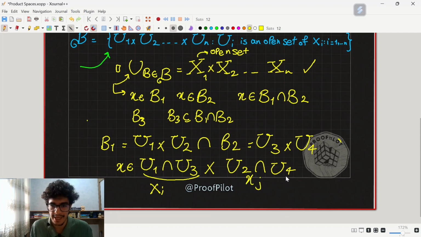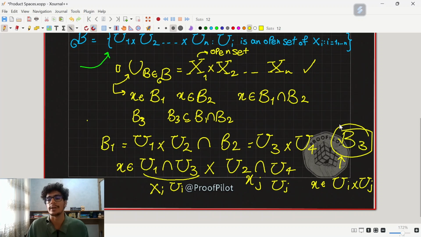So the intersection of two open sets should be an open set, and we just name them Ui and Uj, and then x is going to be a member of Ui intersected with Uj, and this is going to be that B3 that we were looking for. So the product topology actually exists the way we define it.